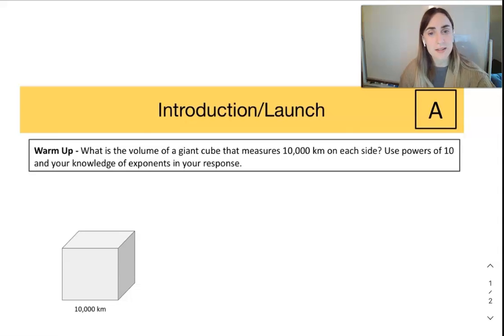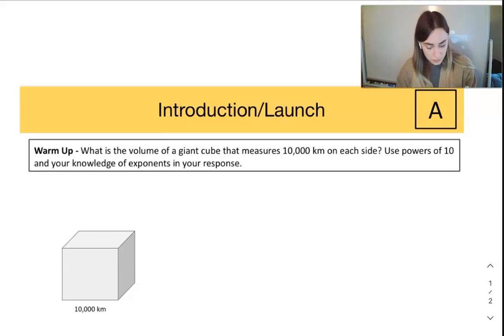So the first part of this that I want to talk about is volume, because you may or may not have thought about how to measure volume recently, and that might be something that's getting you a little bit stuck. As you can see in the drawing, we're looking at a 3D shape, and that stands for three-dimensional.